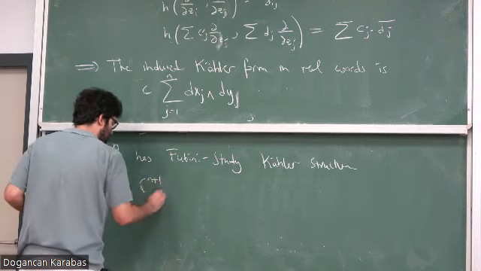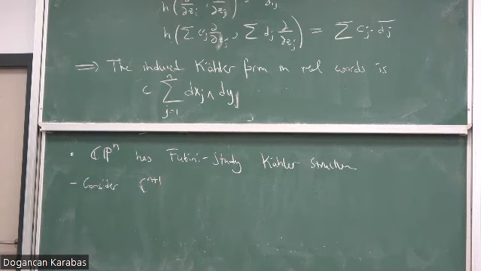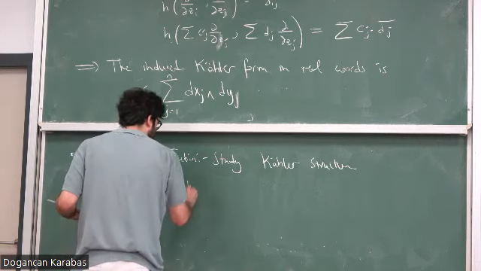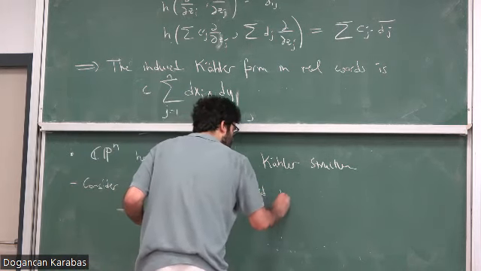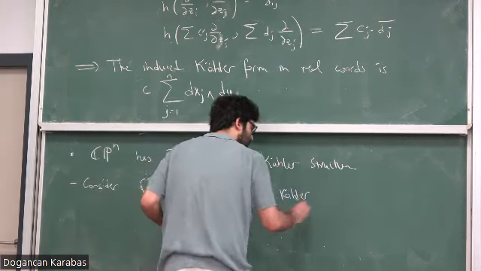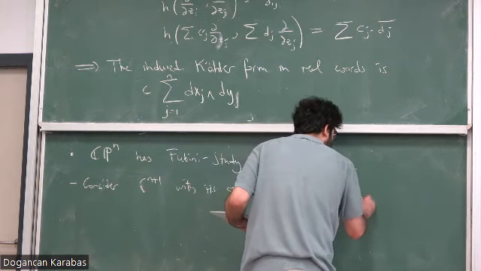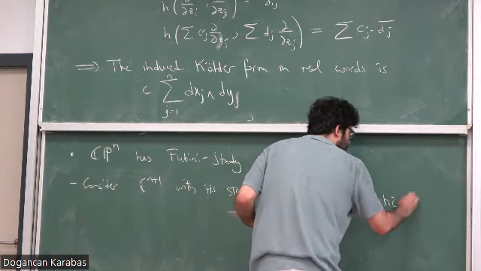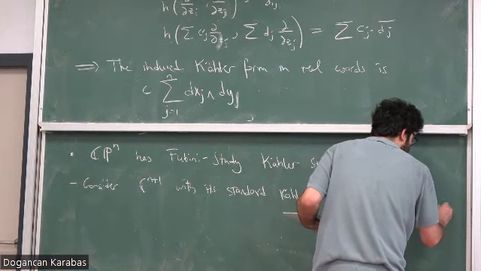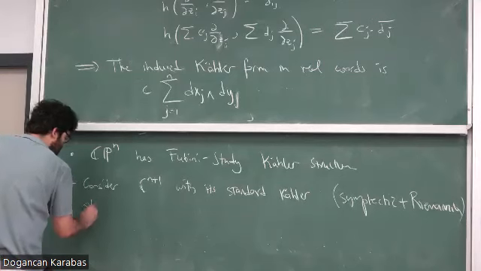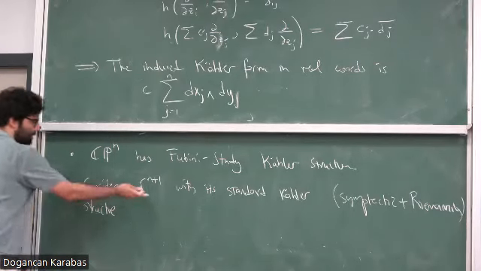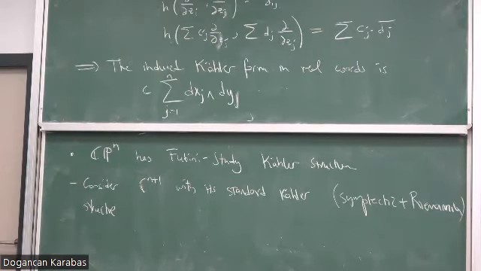Consider Cn+1 with its standard symplectic plus Riemannian structure. So Cn+1 is R2n+2, and there is the flat dot product metric there.